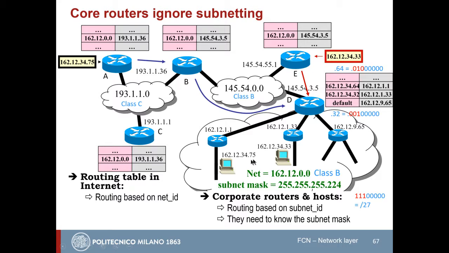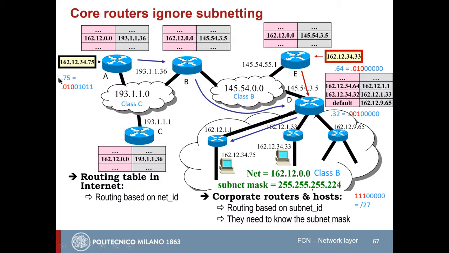And here you can also see the two destinations. One is in the first subnet, the second one is in the second subnet. So this is the routing of the first packet.